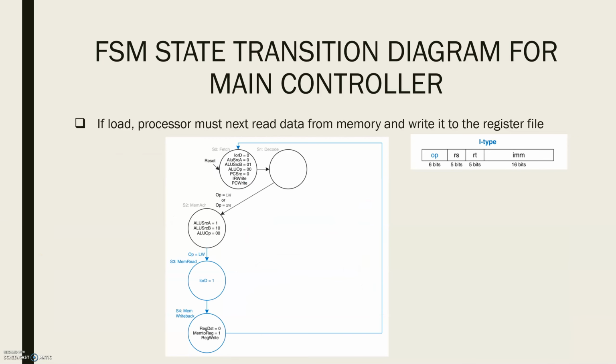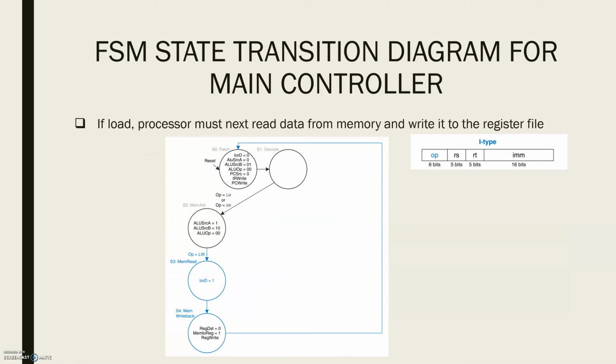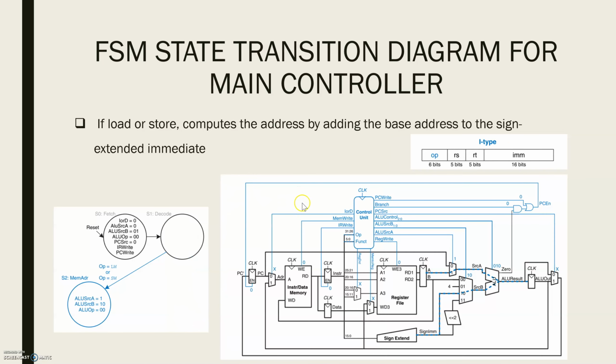Now the mem2reg value is 1 to select the data, and the regdst value is 0 to pull the destination register from the RT field of the instruction.